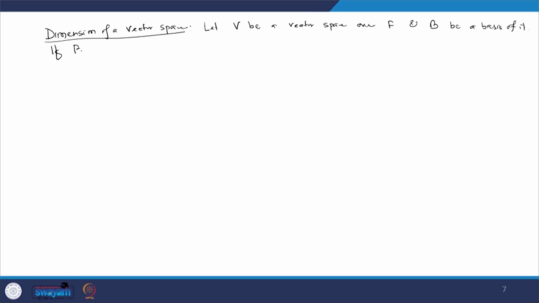If B has a finite number of elements, then V is called a finite dimensional vector space.